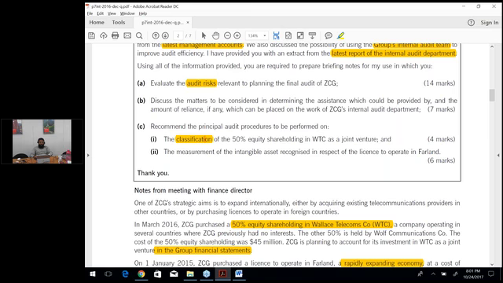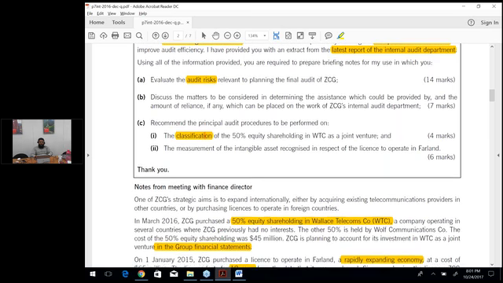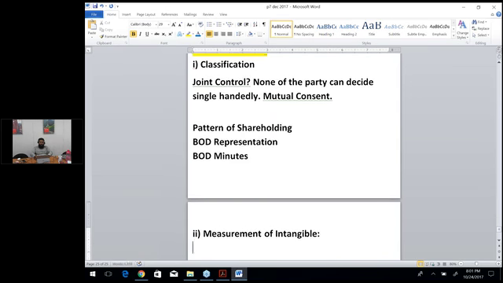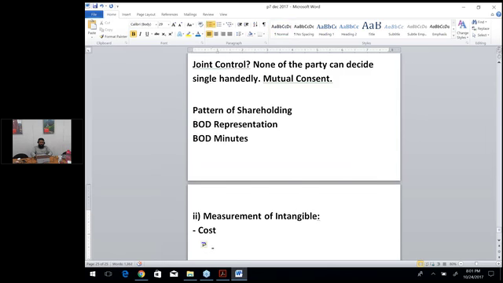Number two is about the measurement of intangible recognized in respect of the license. If I talk about measurement of intangible, what are the various risks with respect to the measurement of intangibles? They would include, number one, the cost. Number two, the life.